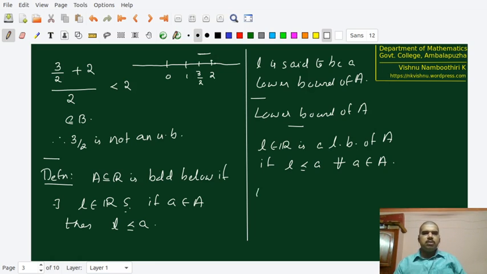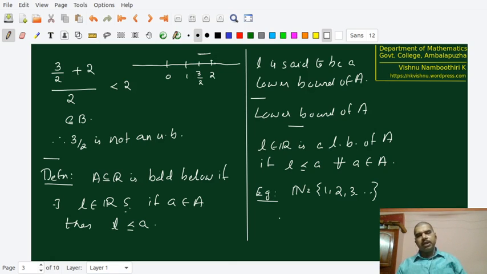Example: the natural numbers, n equal to 1, 2, 3, and so on. We can clearly see that this set is not bounded above, because whatever real number we choose, we cannot take it to be greater than every natural number. After every real number, we can find a natural number. How do we do that?